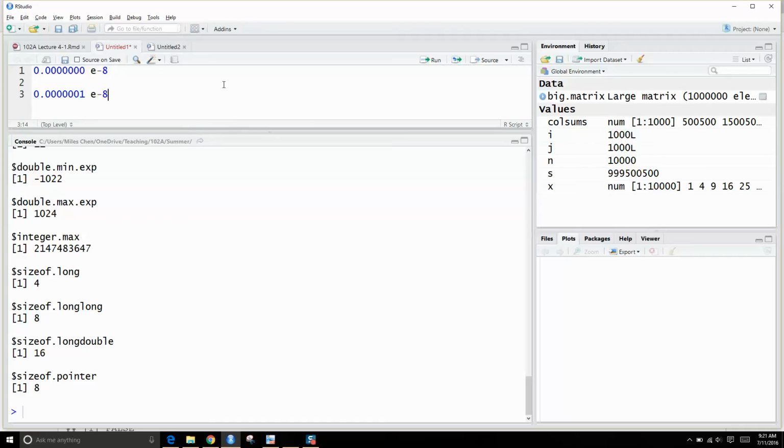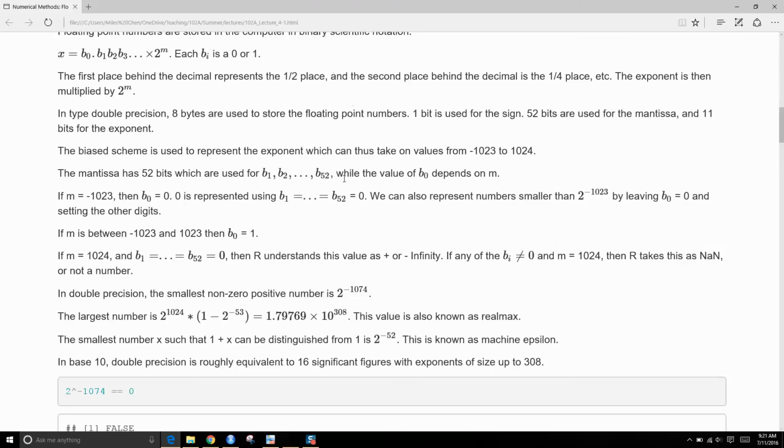And this would be the equivalent of 1 times e to the negative 15 or something like that. Okay, so if you leave this first number as a 0, then you can get quite small numbers by leaving everything else. So it's useful in that case, all right?